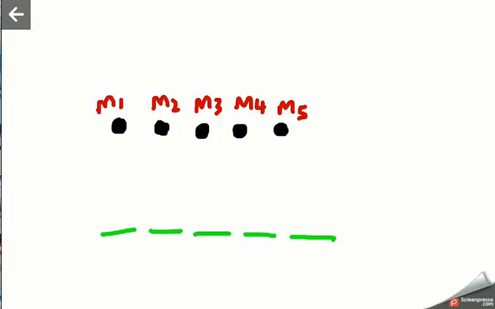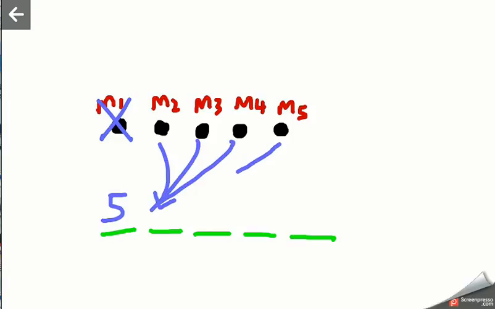That's 5 different marbles that we could put there. But suppose one's already gone, suppose we put this one there. In the next box, we could put this marble, or this marble, or this marble, or this marble. So that's 4 different choices.